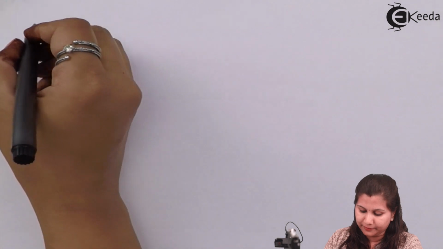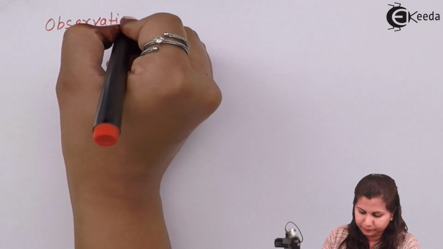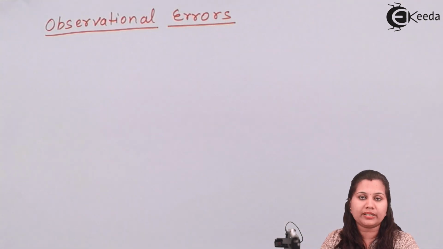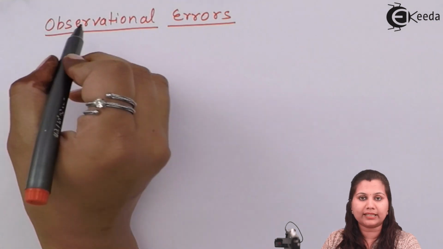Next type of errors are observational errors. Observational errors occur due to the wrong observations or readings which are taken from the instrument by the observer. When the observer is taking the readings, at the time of recording the reading, if he makes any mistake at the time of observation, that will cause an error.